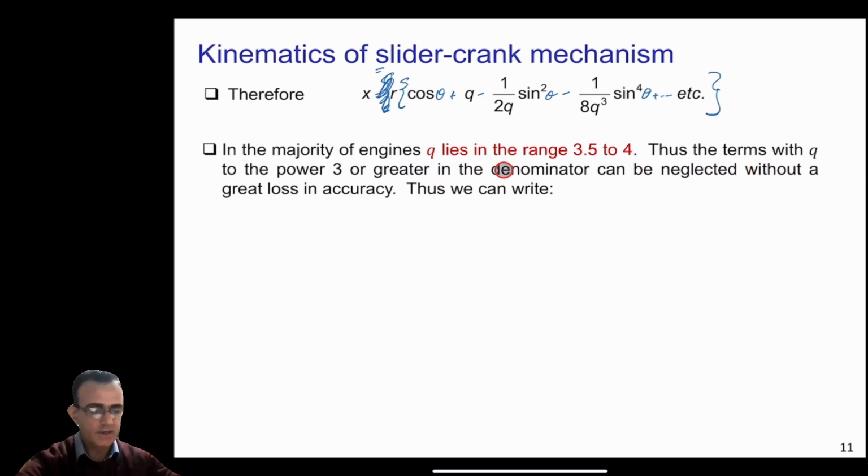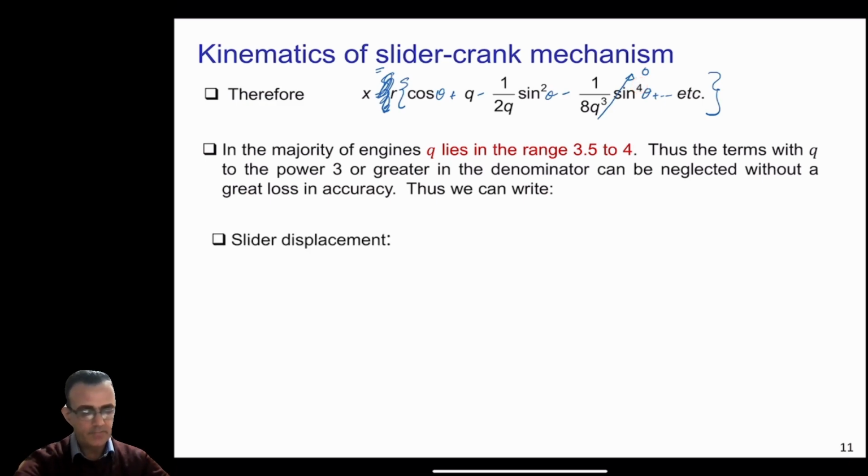So we can ignore this part here because it's divided by a very big number, so it will become a very small number. You can ignore this part here because it's q3, so you will have to divide by 4 to the power 3, and 8 is already there. So this becomes a relatively small number, and you can ignore this.